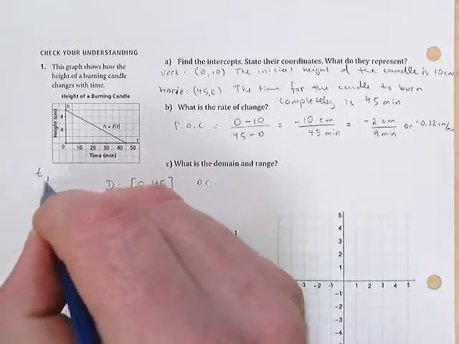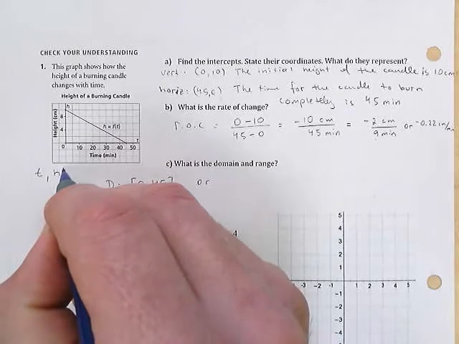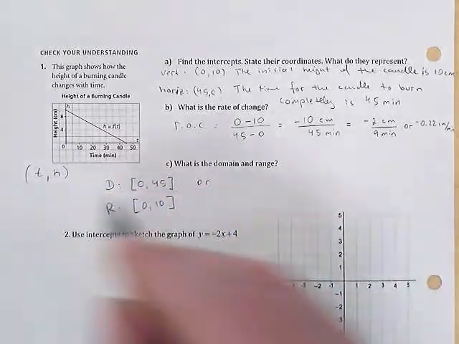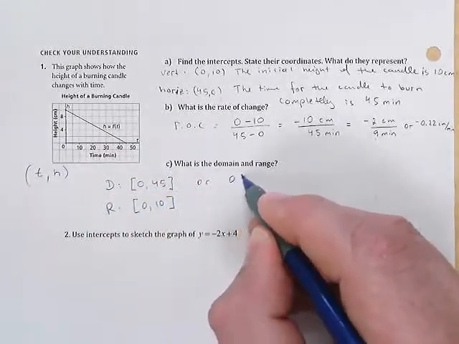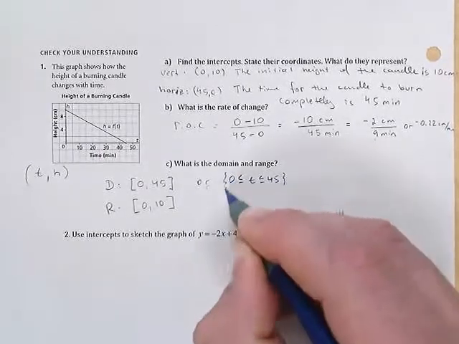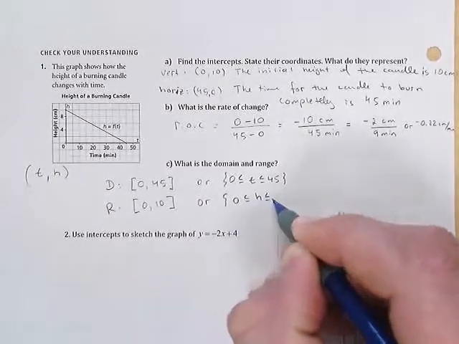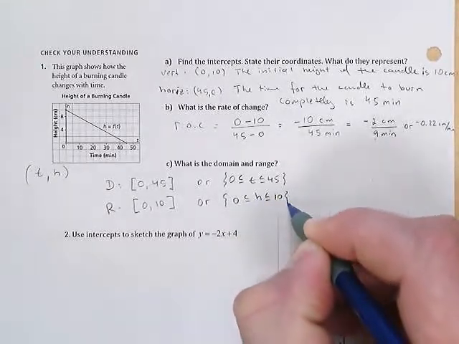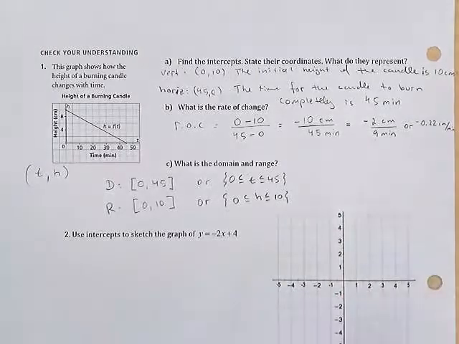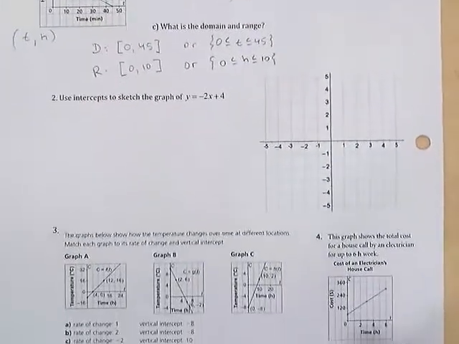We're going to have to assign t for time and h for height, right? So this would be 0 to 10, like that. Okay, all right, let's see if we can finish this page with what we have left here.